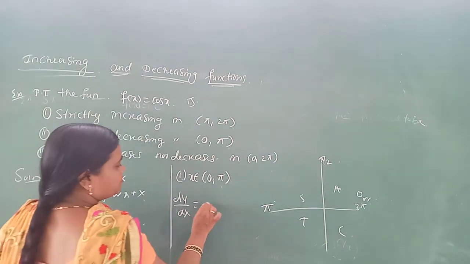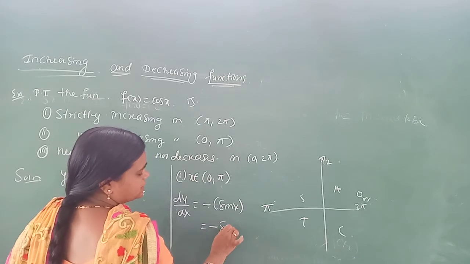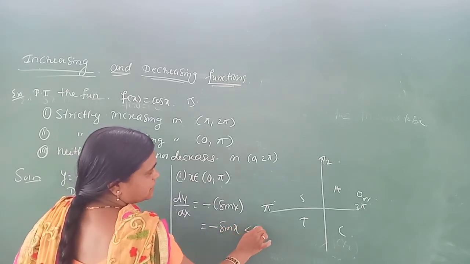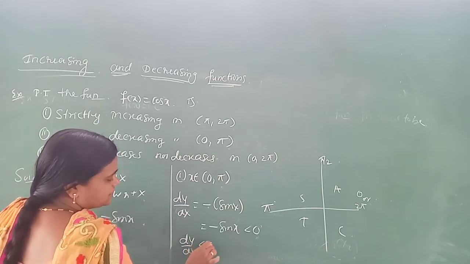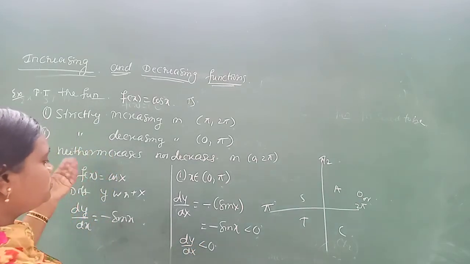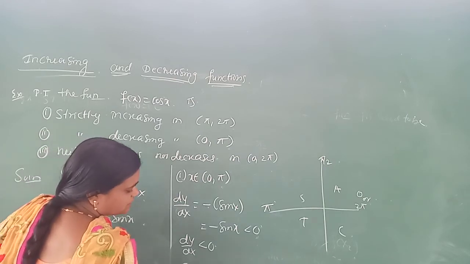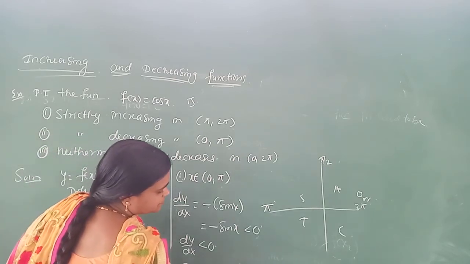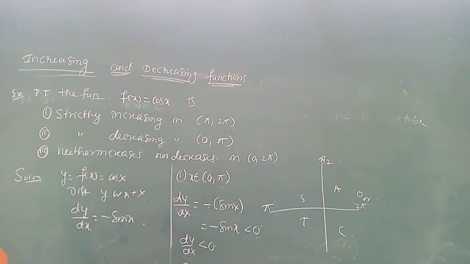Means we can write it as minus sin x. Means we get minus sin x. Minus sin x means less than 0. Therefore, dy by dx less than 0. Less than 0 means it is strictly decreasing. Strictly decreasing. We proved on this interval. Okay, in this way we can calculate.